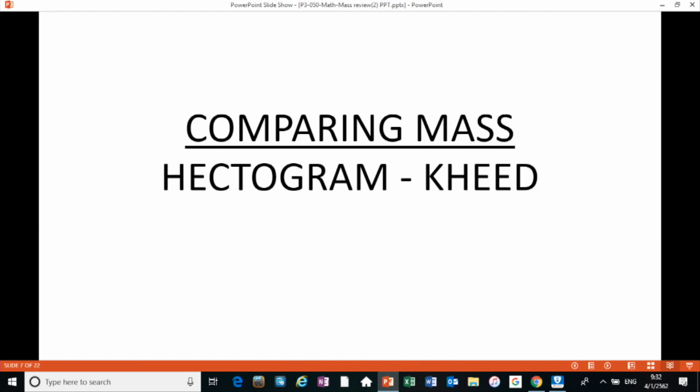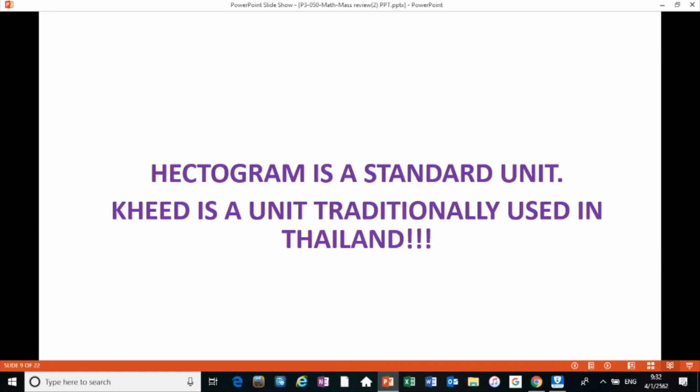Next we look at hectogram and kid. Remember, hectogram and kid are the same, aren't they? The same. But kid is a special unit of mass we only use in Thailand. If I go to England and say kid, nobody knows.